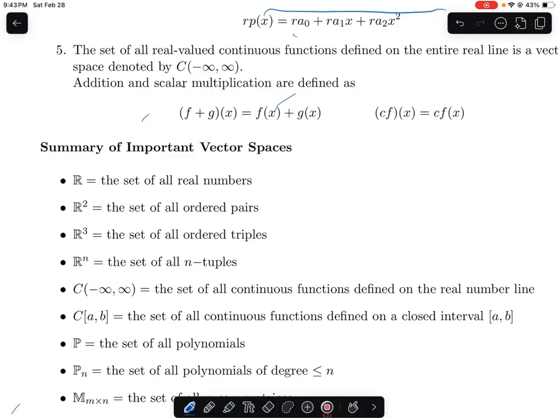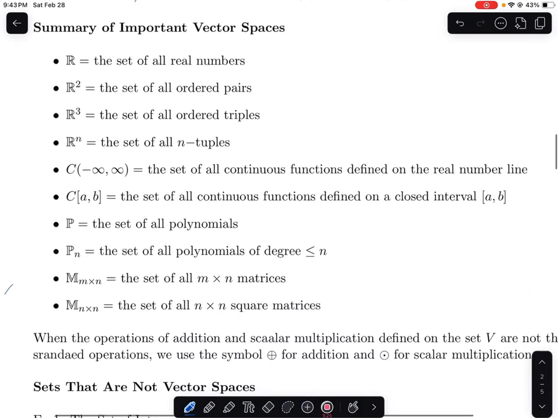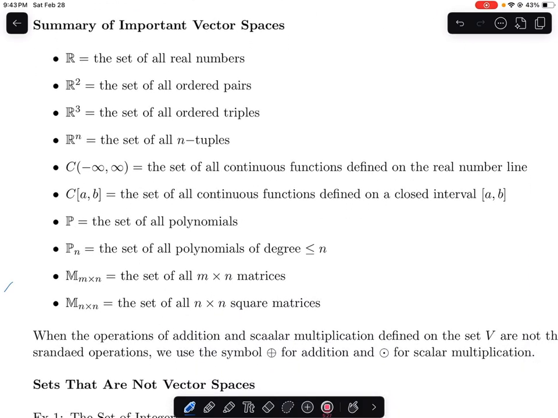Then P is the set of all polynomials of any degree, all the polynomials. That is a vector space. And then P sub n is the set of all polynomials of degree less than or equal to n, so degree n or lower.